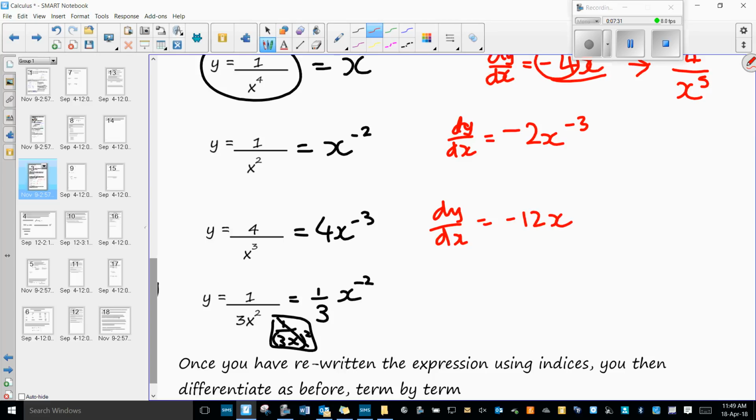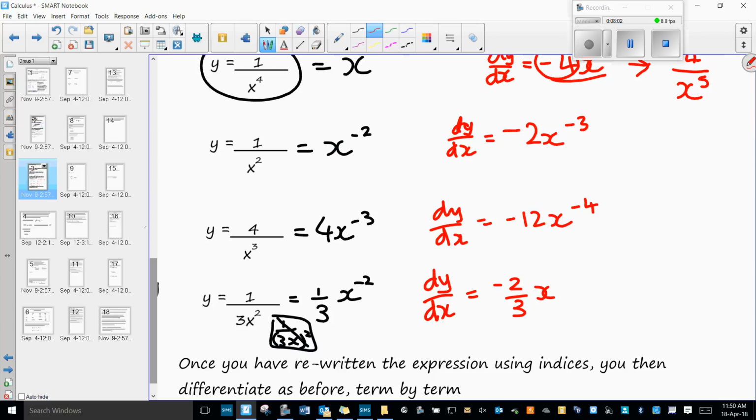Lovely. And then you've got 1/3. And what are you doing to that 1/3? Negative 2/3. And then let's finish off for me. x to the negative 3.